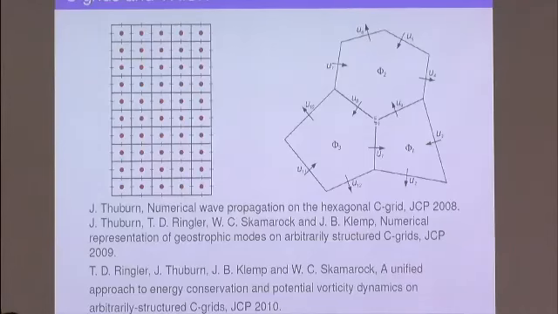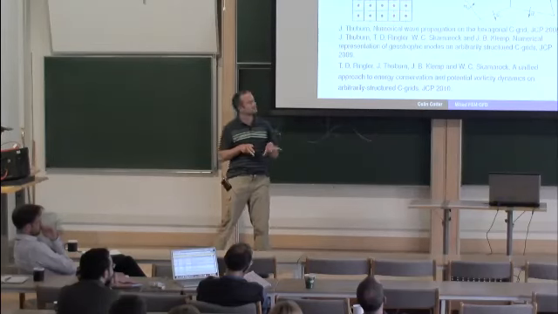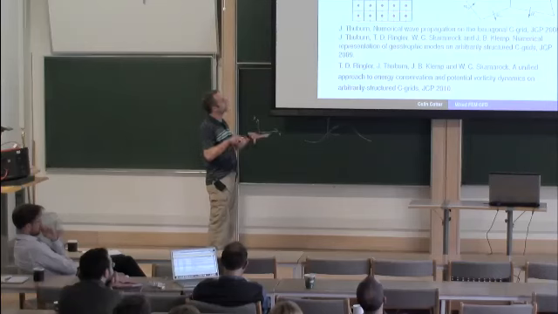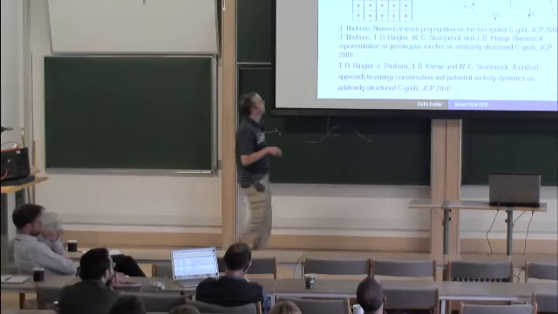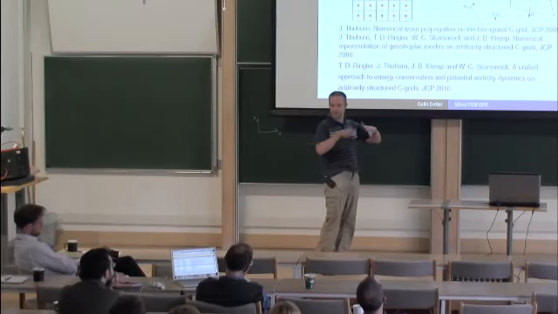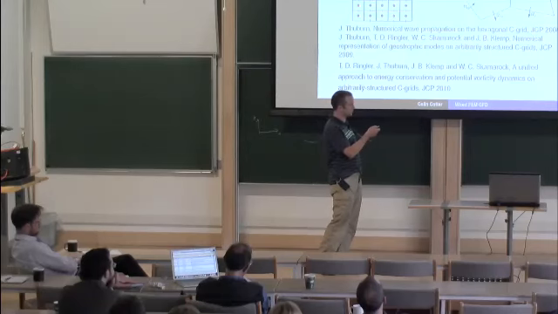The real challenge, which was solved in this paper here by John Thuburn, was reconstructing the Coriolis term. If you're just storing the normal component of the velocity, when you want to write down the Coriolis force, you've got to be able to compute the tangential component of the velocity at the same place. The property that you want is that the geostrophically balanced modes need to be steady on the F-plane, so that the geostrophically balanced state doesn't spuriously jiggle around and oscillate.